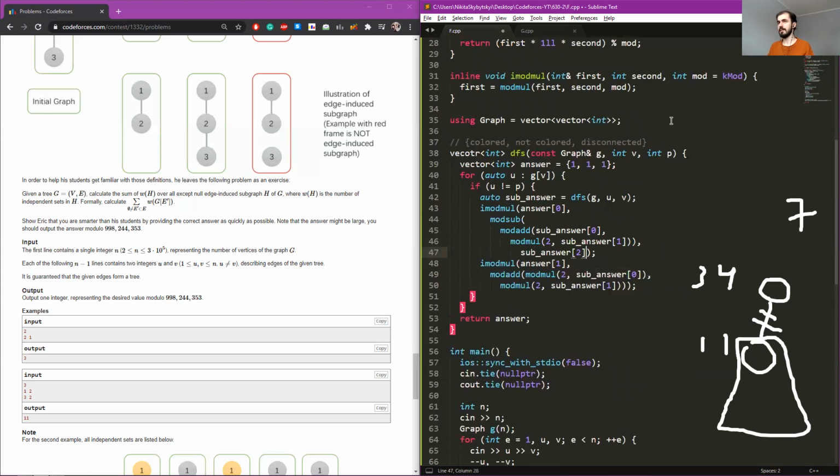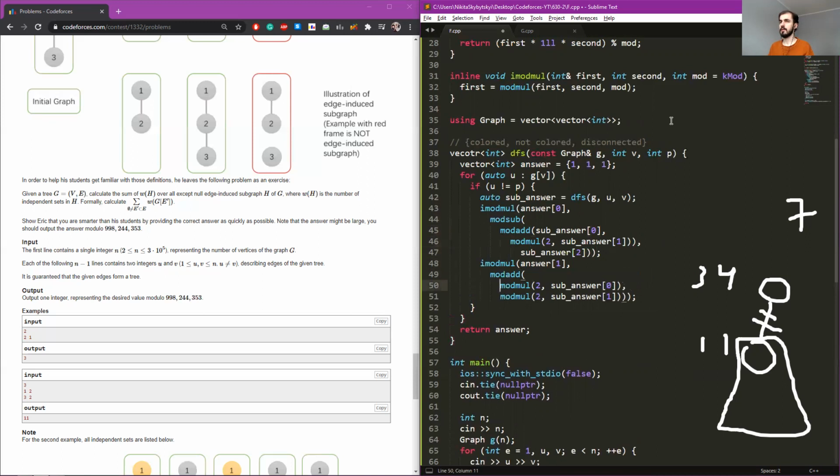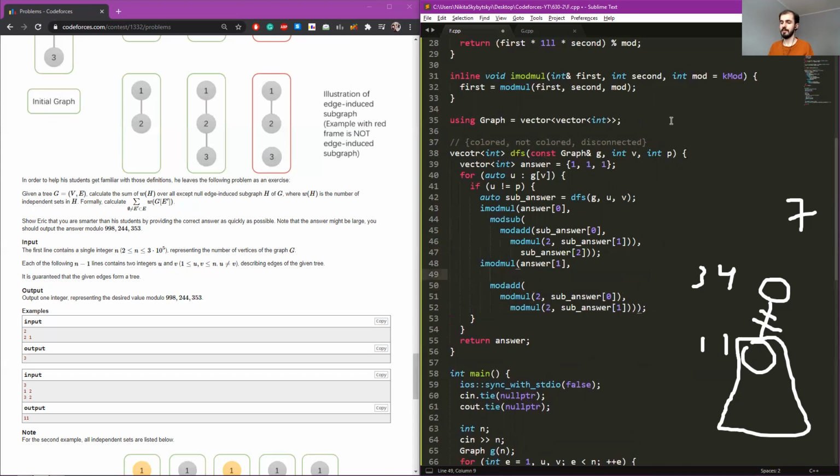So the ones that are disconnected, we can't leave them on colors. That's what we're gonna do here. Yeah, that's some real bad code. I'm terribly sorry about that. But sometimes you gotta do what you gotta do.